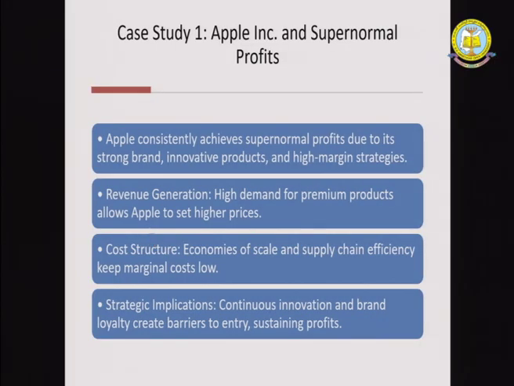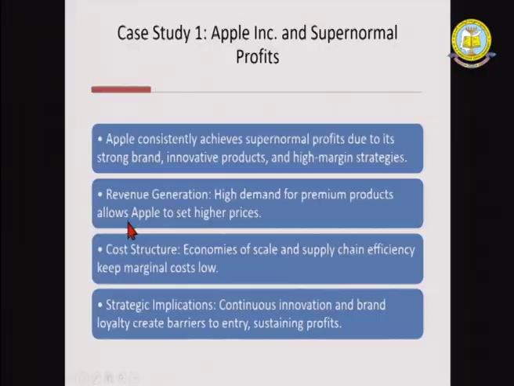Now, if you want to look at some of the cases, we'll look at Apple. Apple is consistently achieving supernormal profit. It is because of their strong brand, innovative products and high margin strategies. There is a high demand for premium products, and there is always room at the top.